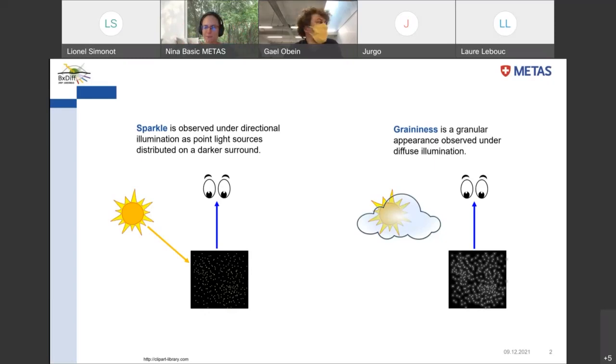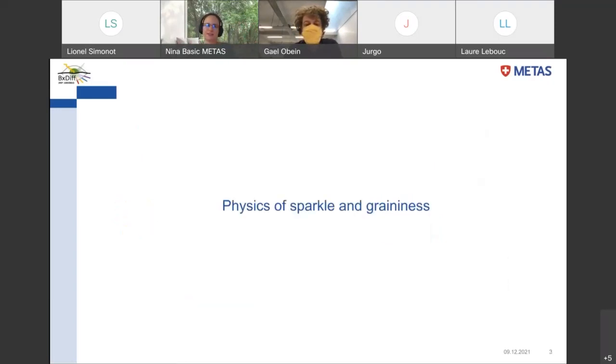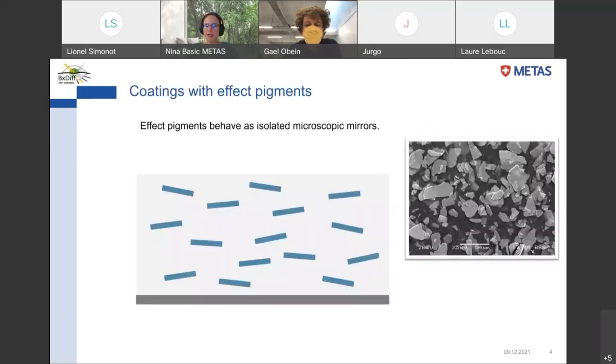So now that we know we have sparkle and graininess, let's go a little bit deeper and look at the physics behind them. How do we actually get this sparkle and graininess? Everything starts with coatings that have these effect pigments inside.